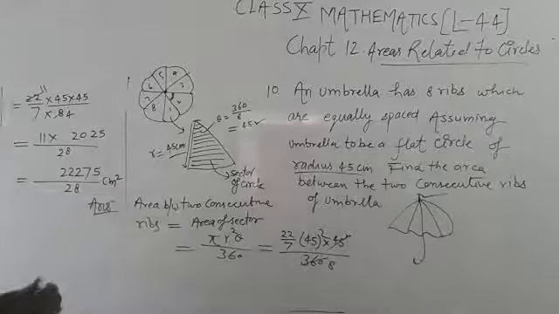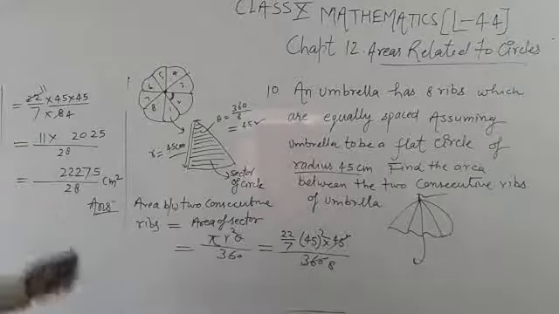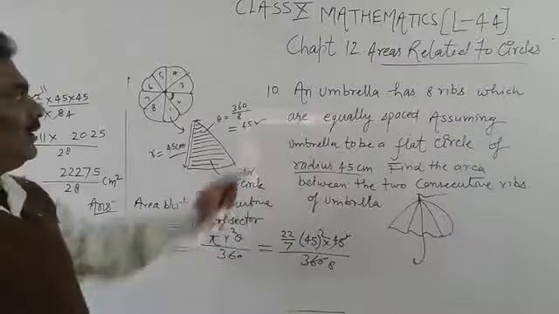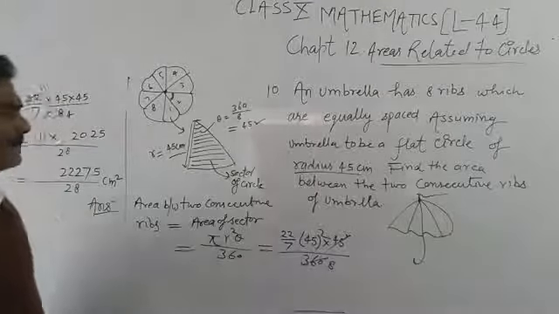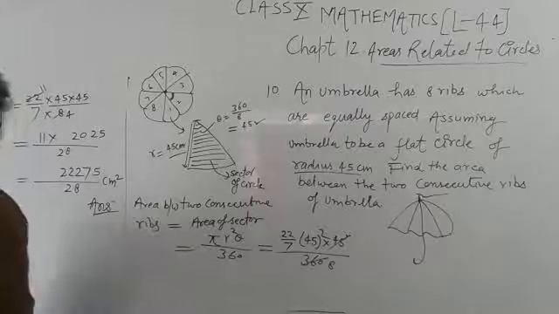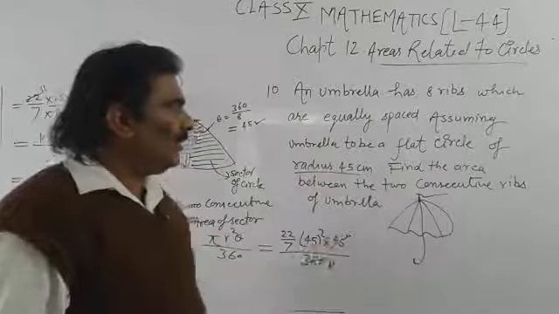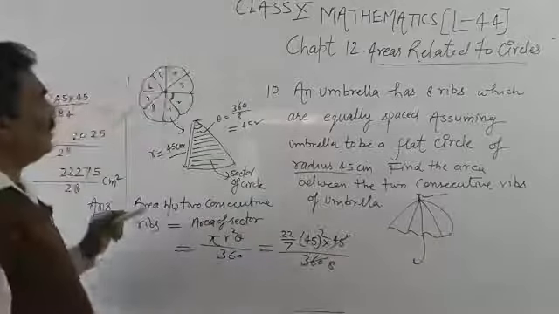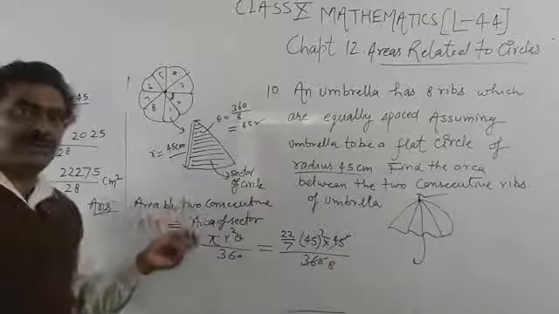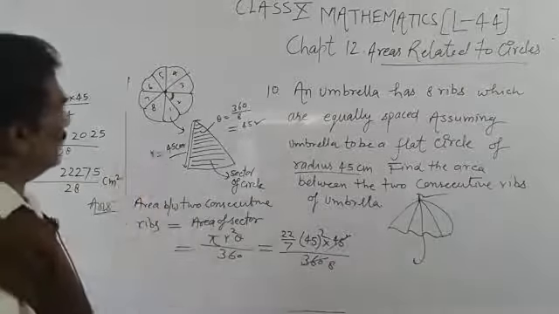Okay, so we have finished, we have solved question number 10 using this formula. See, it was an umbrella, and there are 8 ribs, and we have to find the area between 2 consecutive ribs.